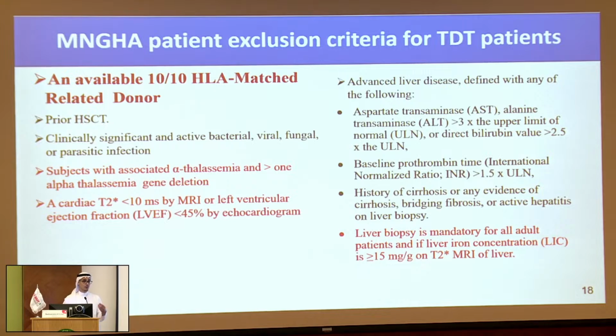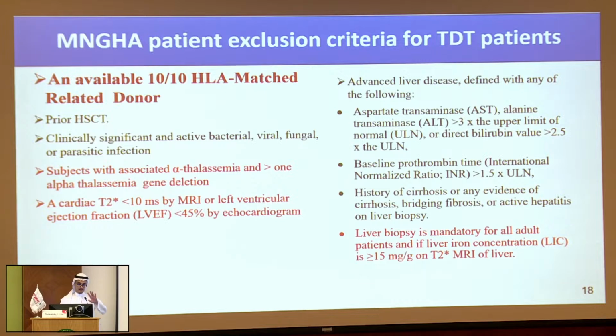Similarly, we particularly focus here on iron overload in thalassemia patients. We also have to focus on it in sickle, but in thalassemia it's more obvious. So looking at the cardiac and the liver MRIs, we have put the criteria: if cardiac T2 star is less than 10 milliseconds, then this is an exclusion.